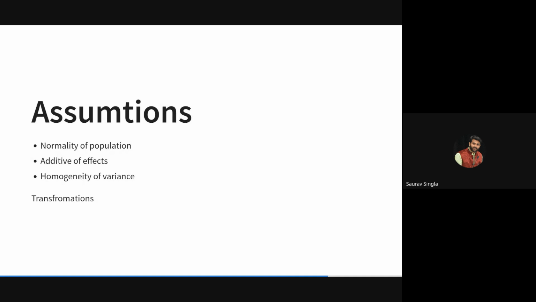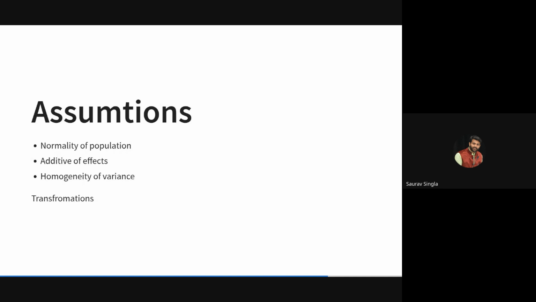For checking if the assumption is met or not, there are several tests. We are not discussing those tests today, otherwise it will get very lengthy. We will see if we have time some other day. Normality, additivity, and homogeneity, all this we can test, and if any test fails, then we will go for transformation.